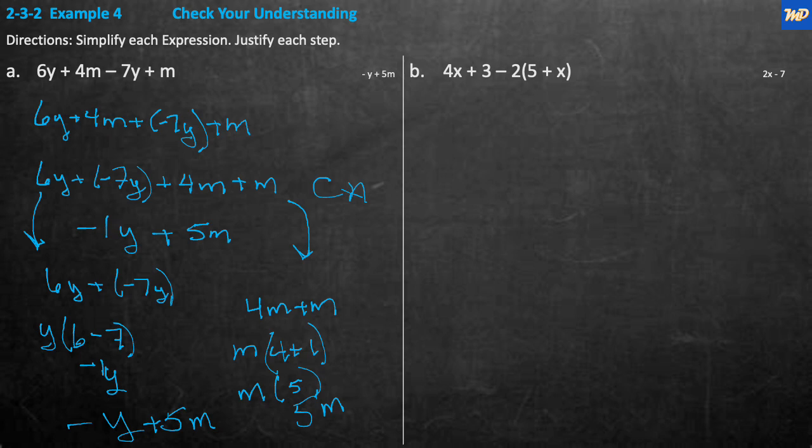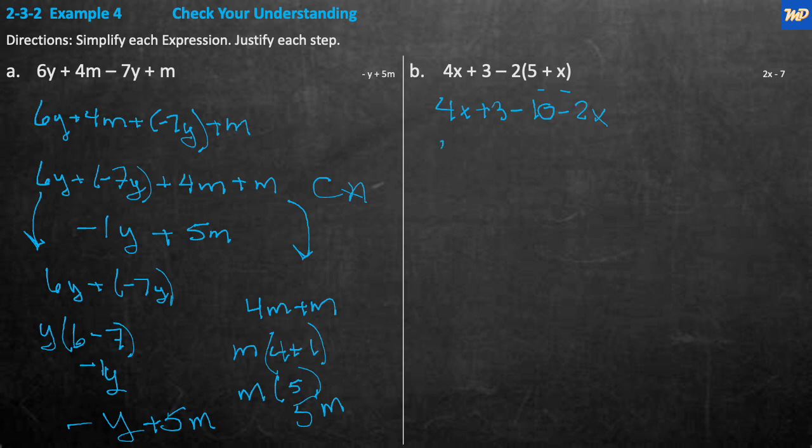So first, we're going to say 4x plus 3, and it's minus 2 times what's in here. So it's minus 2 times 5, so it's minus 10, and it's minus 2 times x, minus 2x. That minus 2 goes with both of those terms. If any of these were negative inside, that would have changed accordingly, with a negative or positive out here.